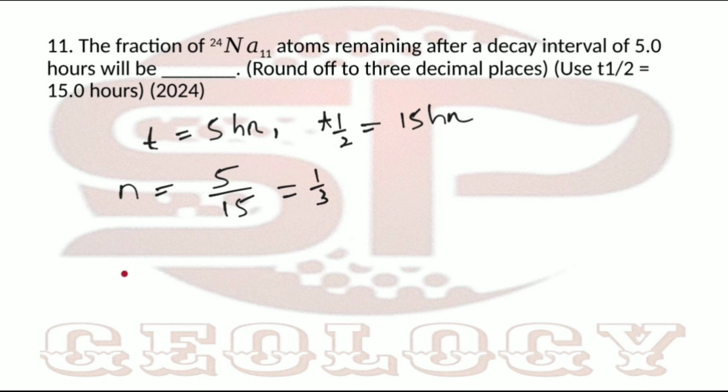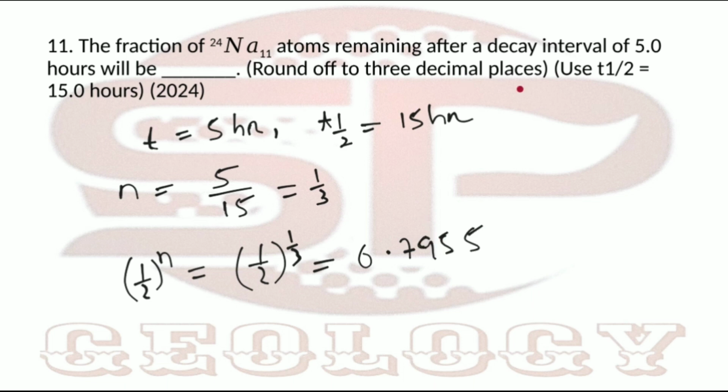The fraction of substance remaining can be calculated as half to the power n, which is half to the power 1 by 3. So it will be 0.7955. You have to round up to 3 decimals. Sorry, 0.796. So this will be your answer.